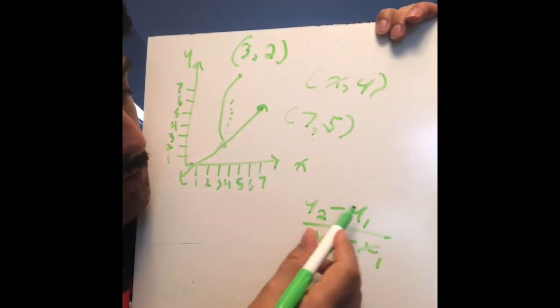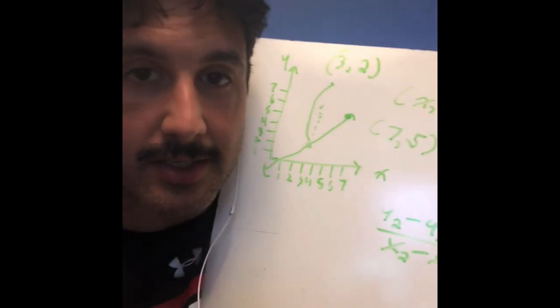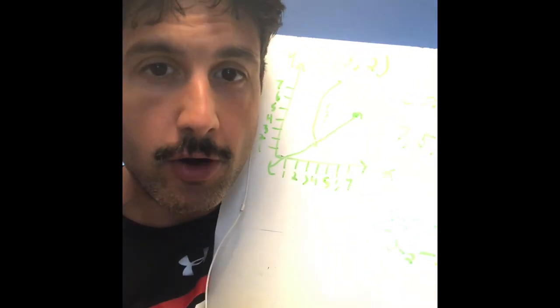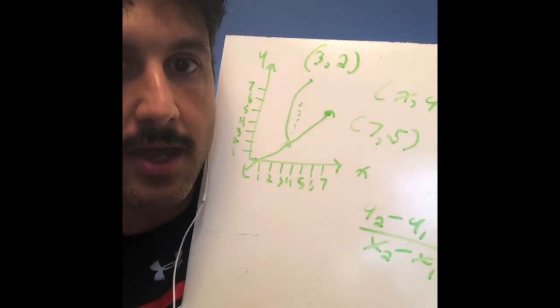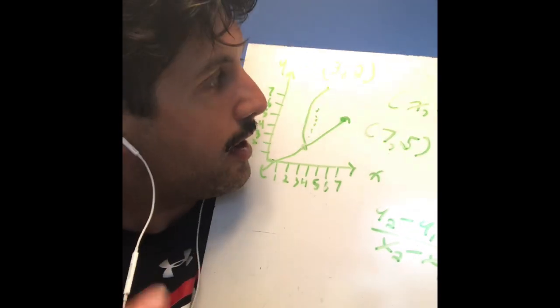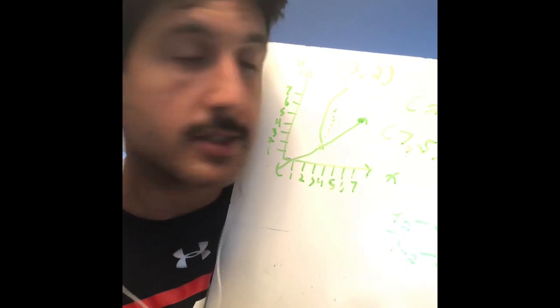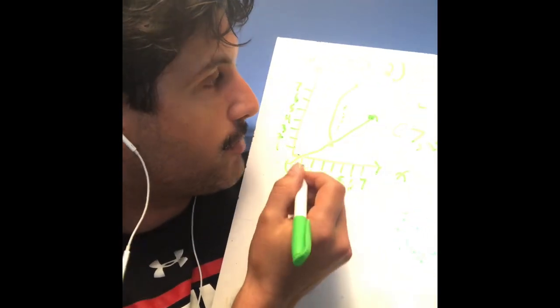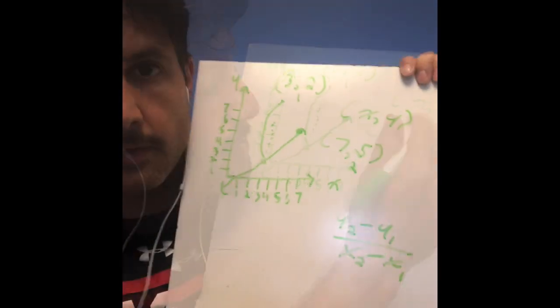You need to sub in the points. In order to do that, you need point 1, which is x1 and y1, and point 2, which is x2 and y2. It doesn't really matter which point you decide. If you want the first point to be point 1, which makes sense, then let's do it that way.